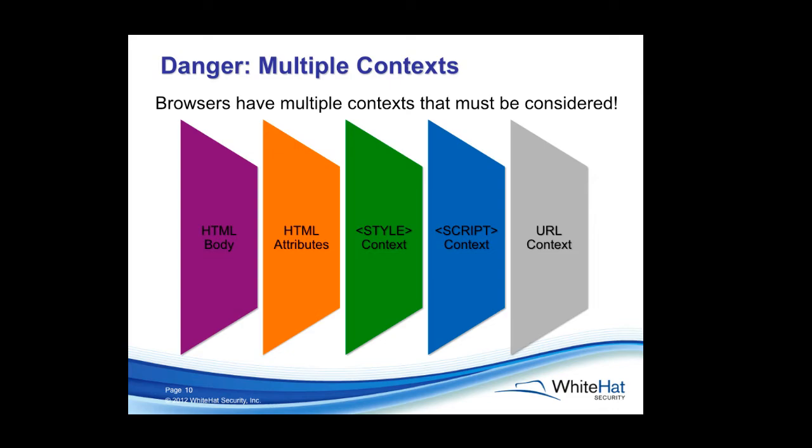We want to do strong structural validation, and we want to do proper cascading style sheet hex output encoding. Or if data lands in a script JavaScript variable assignment context, we want to do JavaScript hex encoding. And if it's a GET parameter in a URL, we want to do percent encoding or URL encoding. So that's why the advice of HTML entity encoding is just the tip of the iceberg.